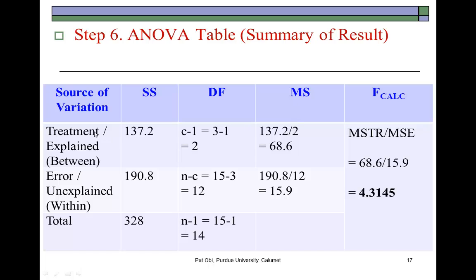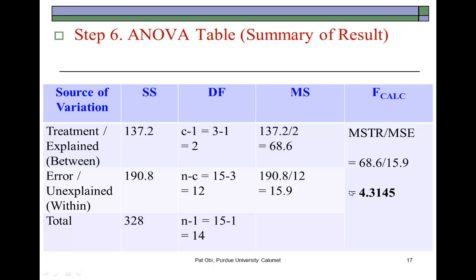Mean square treatment is sum of squares treatment of 137.2 divided by its degrees of freedom of 2, which works out to be 68.6. Mean square error is 190.8, which is sum of squares error, divided by 12, which is the degrees of freedom for error.